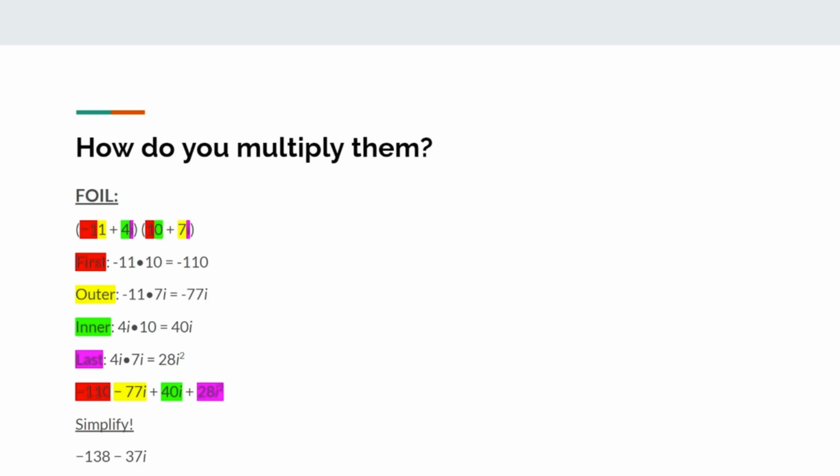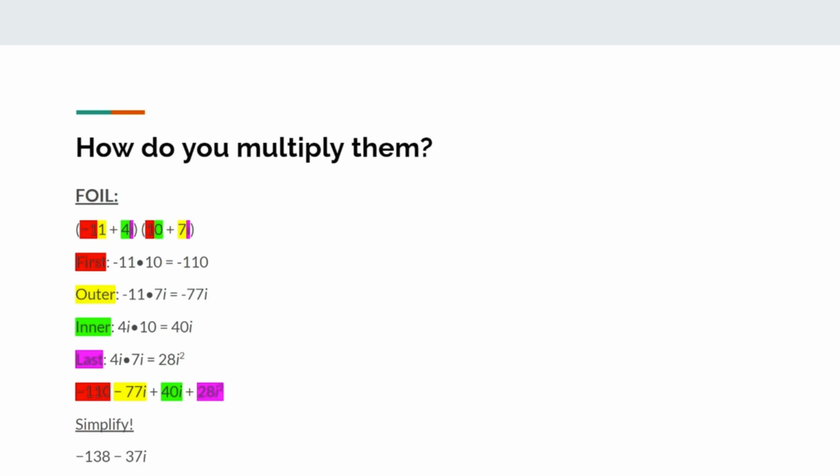Now you're going to do outer. In the first parentheses, that is also -11, and in the second set of parentheses, that would be 7i. Next, you're going to do inner, which in the first set of parentheses would give you 4i, and the second set of parentheses would give you 10. And then we're going to do last.